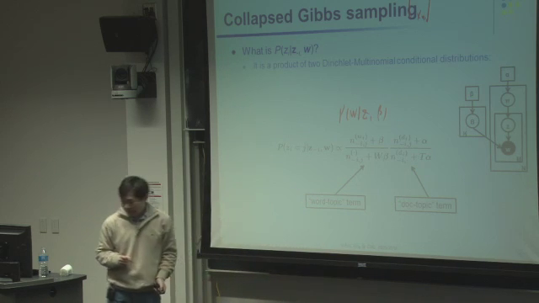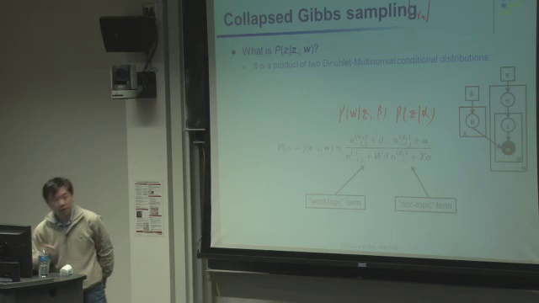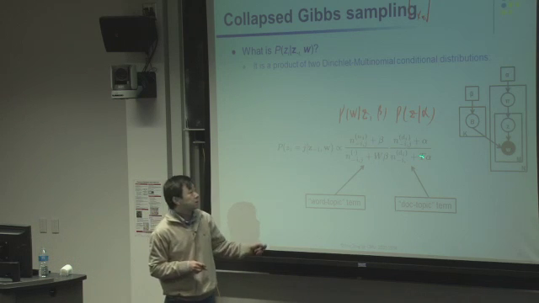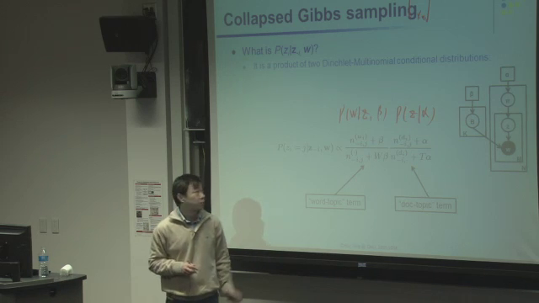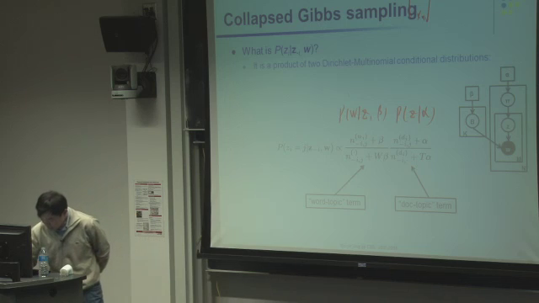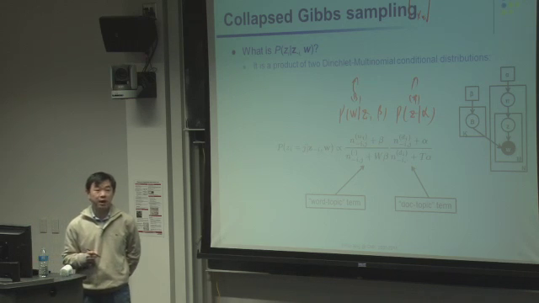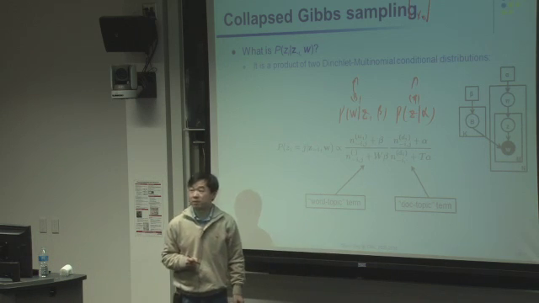And the second component comes from z given alpha, which is the collapsed version of the topic distribution. So here we should also have beta and pi, but they are gone, they are integrated out. So as a result, what is this distribution, if you remember?